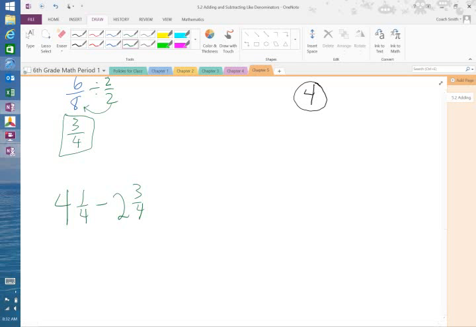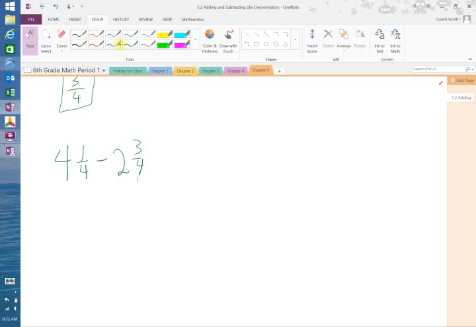We have 4 1/4 minus 2 3/4. Once again, I like setting them up vertically because for me it just seems easier.